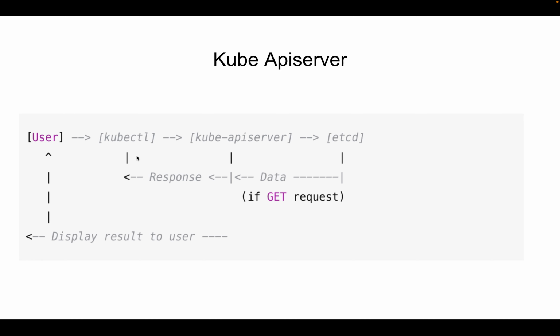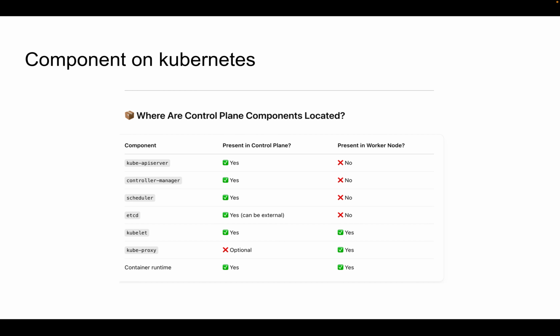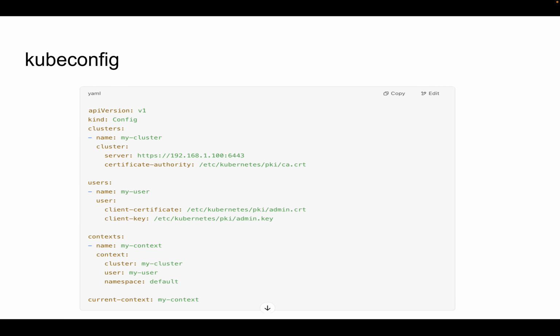I think one of the functions of kube-apiserver is to handle authentication if you want to access with kubectl. After that, I will explain about the credential, the kubeconfig. I have two kubeconfigs, one for on-prem and one for EKS.